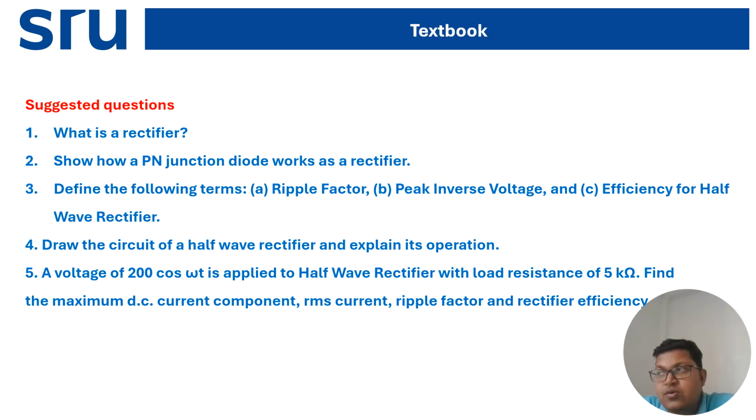Now we will see some suggested questions from this portion. The first question could be, what is a rectifier? The next one would be, show how a PN junction diode works as a rectifier, that is, the working principle of a half-wave rectifier. Define the following terms: ripple factor, peak inverse voltage, and efficiency for a half-wave rectifier.